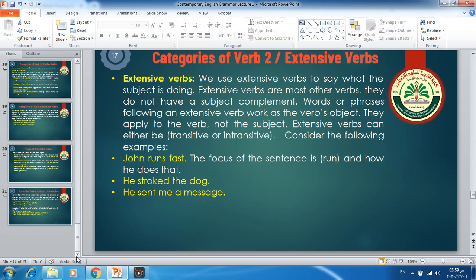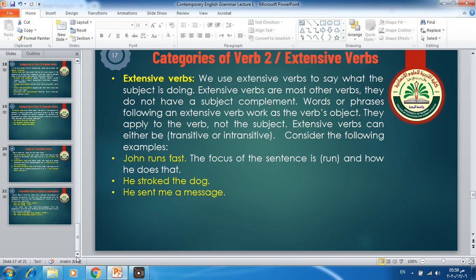Extensive verbs. Extensive verbs are used to say what the subject is doing. Extensive verbs are most other verbs, other than the verbs to be and the linking verbs.